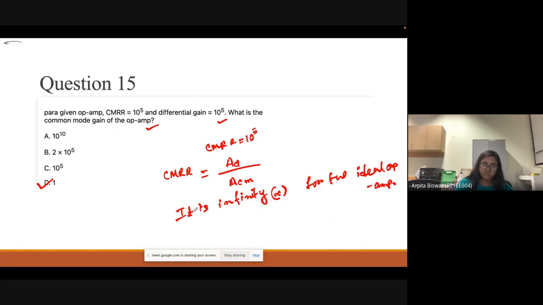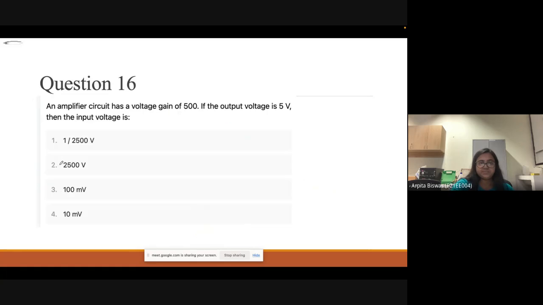And how to find it? The CMRR is given here, and CMRR is equal to 10 to the power 5 by ACM. So ACM is equal to 1, because both are the same. The gain is also the same, it is 10 to the power 5. The right option is option D.